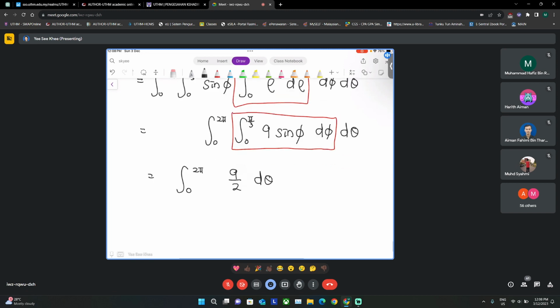The last one will be easy: you get 9 pi, just multiply. So this will be the volume of the solid that you calculate using the spherical coordinate system.